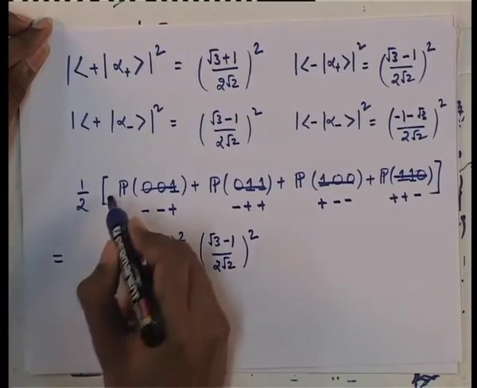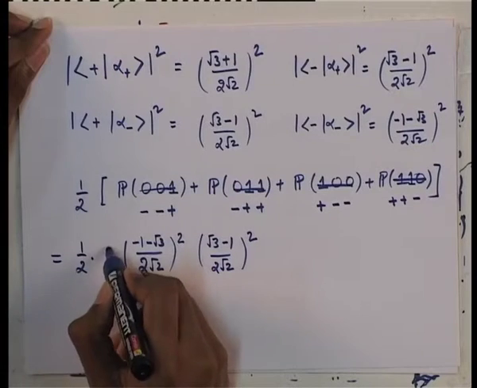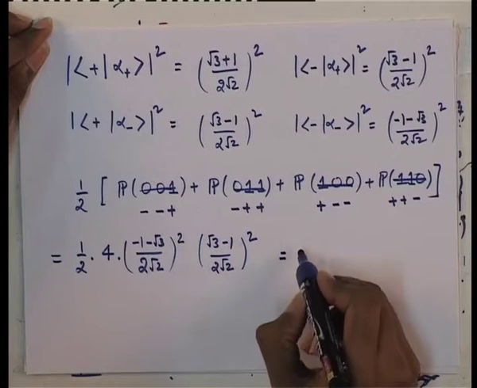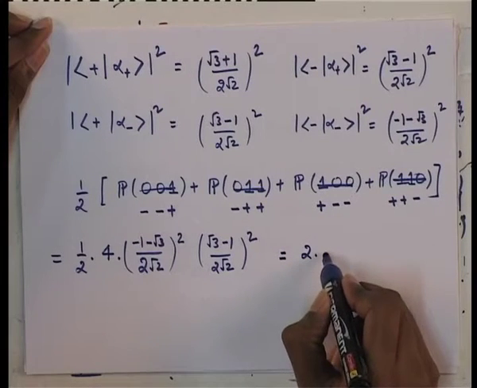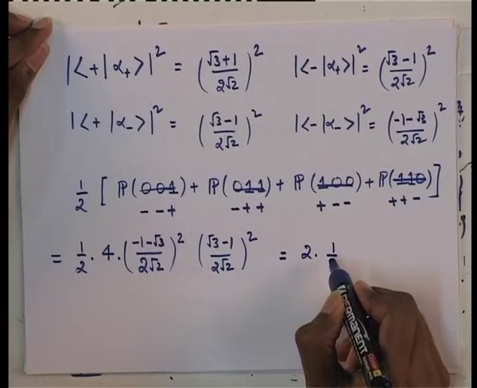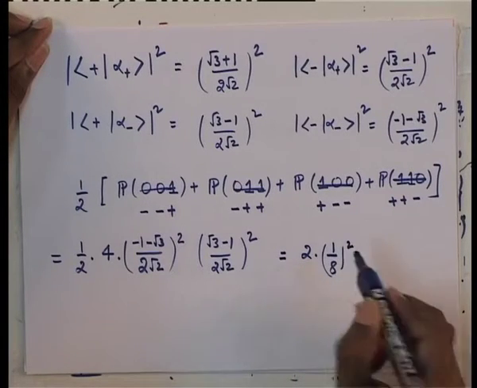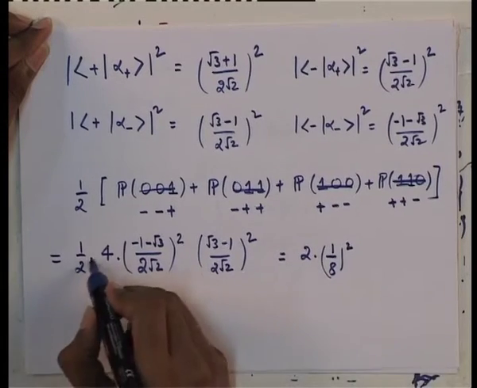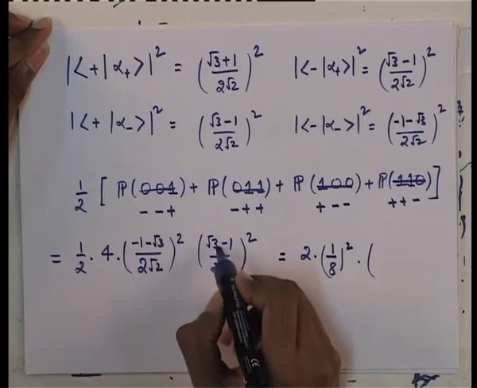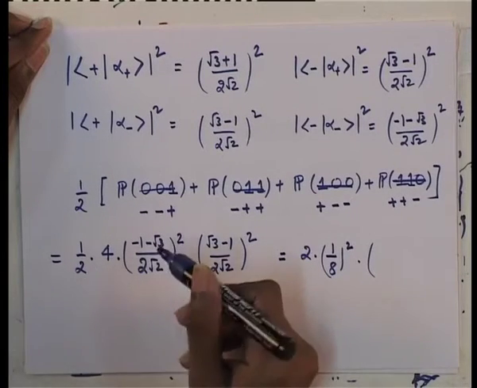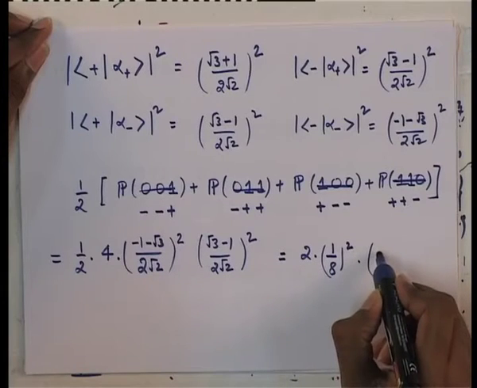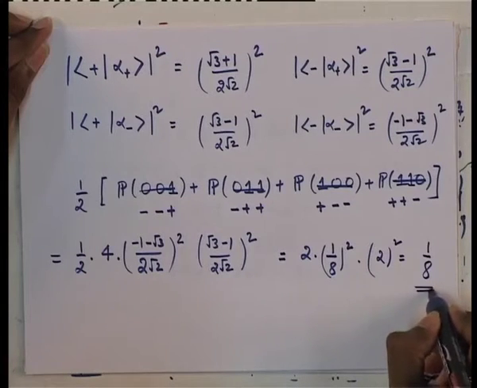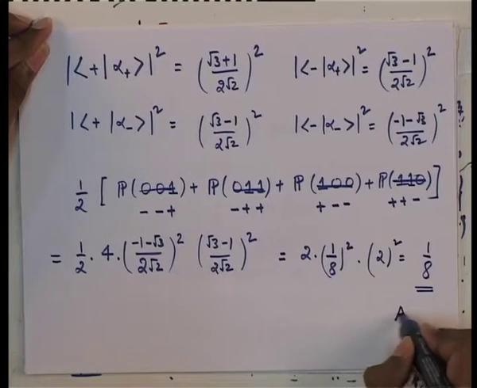So, this term equals half times 4 times this thing, which is equal to 2 times 1 by 8 square, taking out 2 root 2 and 2 root 2 outside, we obtain 1 by 8 whole square. 4 by 2 is 2 times root 3 minus 1 times root 3 plus 1 is 2, which is 1 by 8. So, the correct answer is option A.